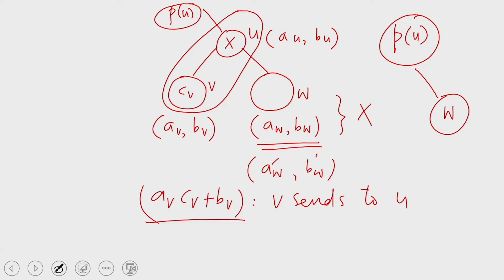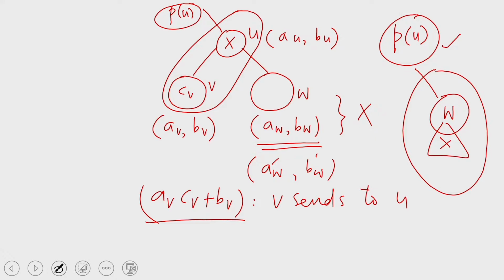And we know that the subtree which is rooted at W evaluates to X. Therefore, if we make sure that W sends up the same value that U was sending up to P of U earlier, then P of U will not be aware of any change in this part of the subtree. It will still be getting the same value from its right child in this case. Had U been on the left side, then it would be getting the same value from the left child.